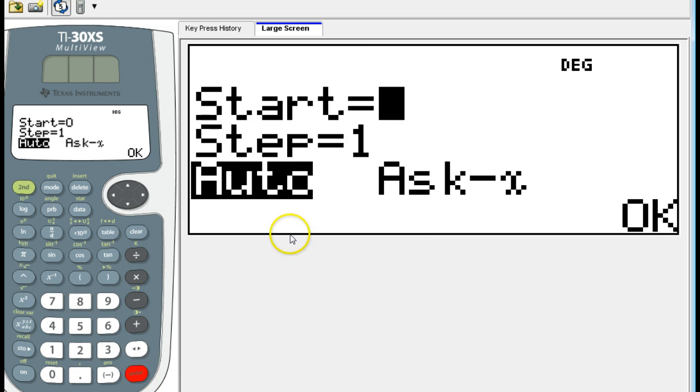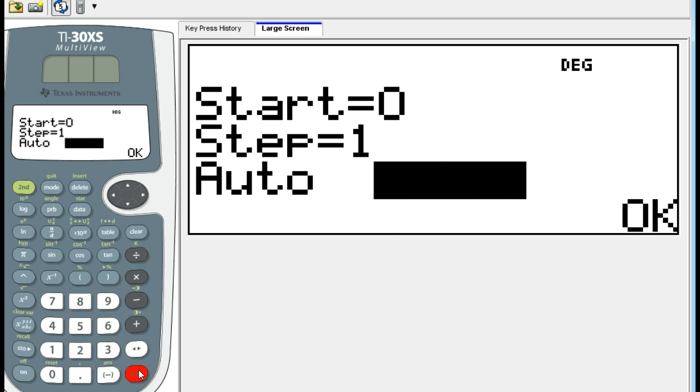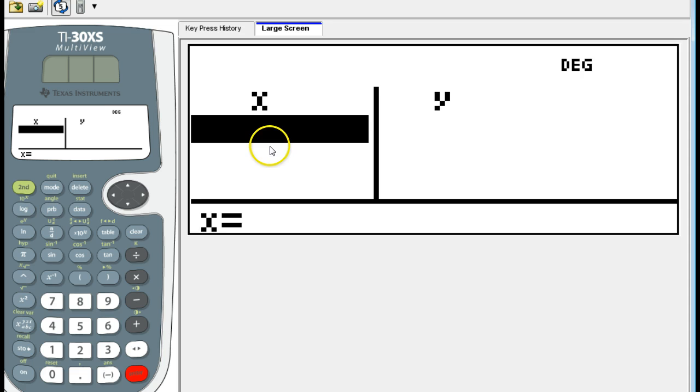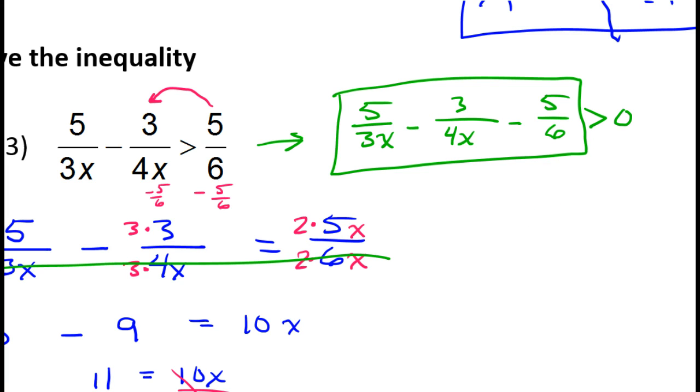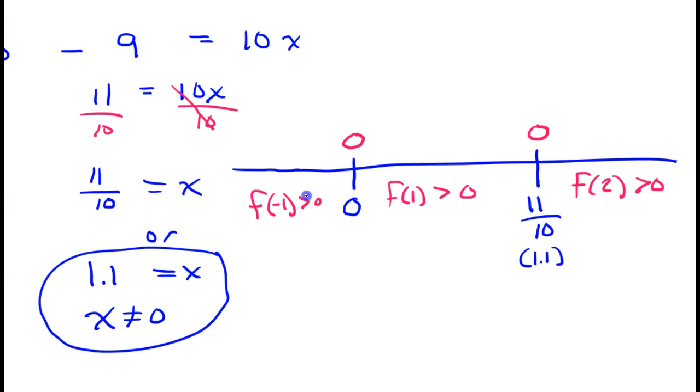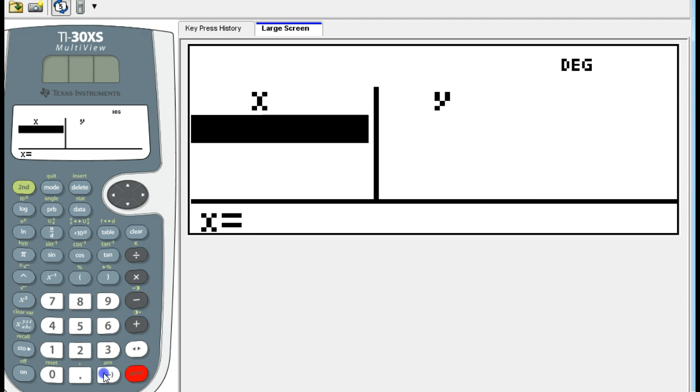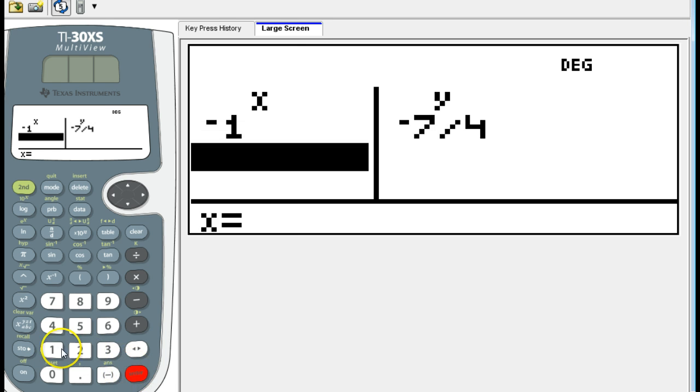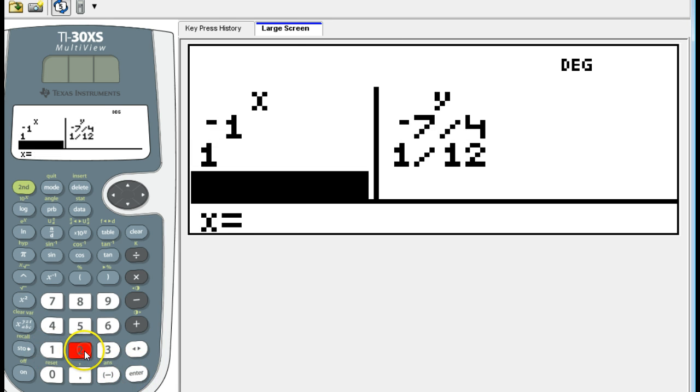Enter. Now I like to do this in ask mode. So I'll go over to ask mode and hit enter a couple of times. So now it's waiting for me to put in any x value I want, and it will tell me the value of the function, you know, the y value that goes with it. So, like I said, I'm going to test out these three values, -1, 1, and 2.